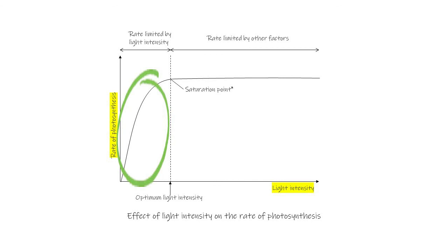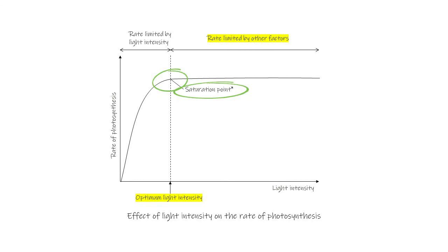Here shows the effect of light intensity on the rate of photosynthesis. Initially, the rate of photosynthesis increases proportionally with light intensity as more energy is supplied to the photochemical reactions. As the light intensity increases, the rate levels off when the light intensity reaches a saturation point.